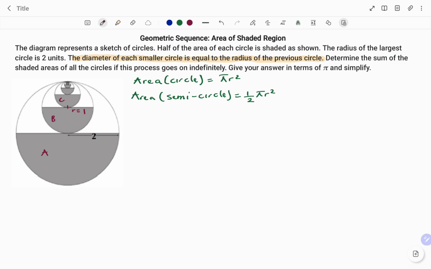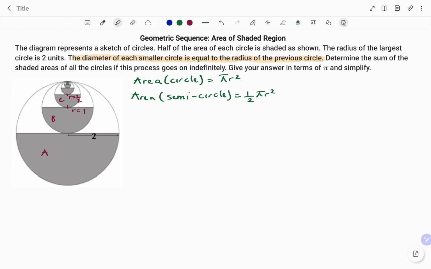If I go to C, because 1, which is the radius of the big circle B, will be the diameter of C. To find the radius, r will be half of 1, which is 1 over 2. So what happens is, for each iteration, the radius will be half of the previous radius.